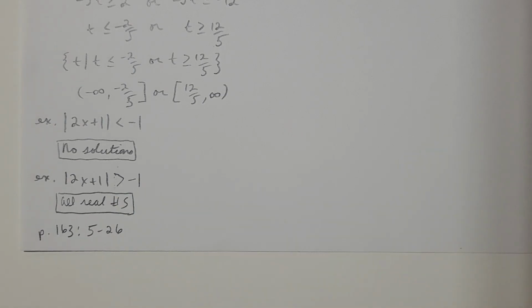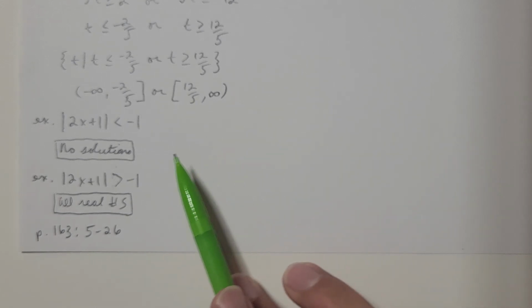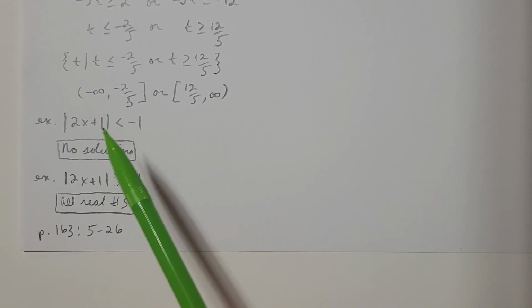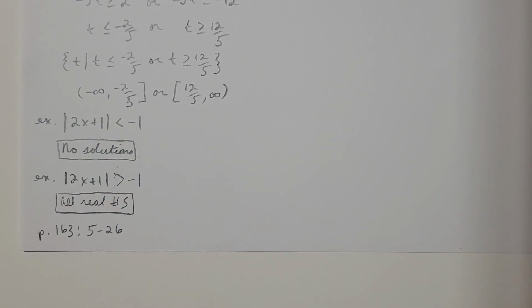Here's another example. So what if I wanted to solve the inequality given by the absolute value of 2x plus 1 less than -1? Okay, I want us to be as lazy as we can with this. I'm going to just go write the answer. We can go write the answer here because the left side is always going to be a positive number no matter what x is.